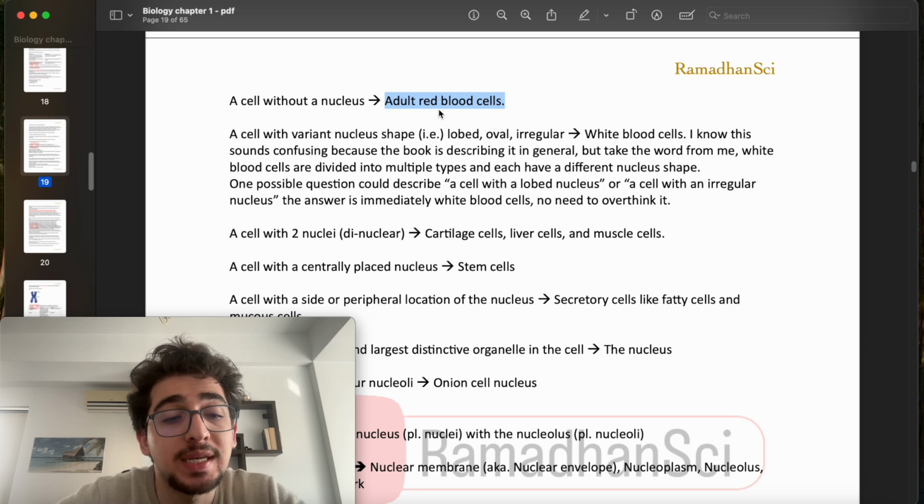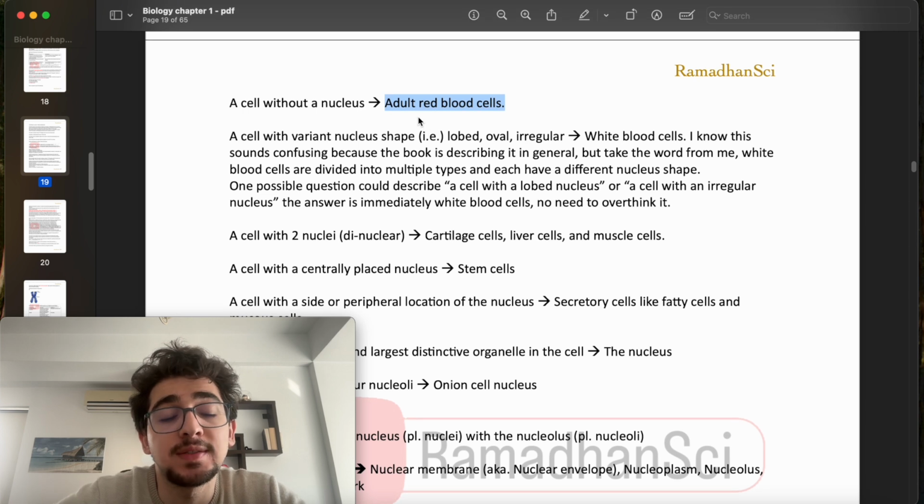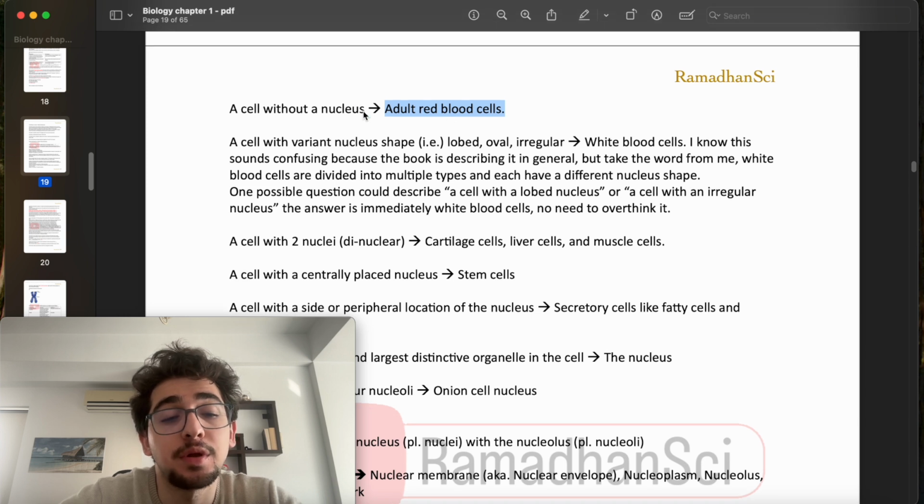It's only 120 days. So if they tell you to justify or explain why the red blood cells have a very short life duration, it's because they lose their nucleus as they become adult. And the nucleus is the organelle that is responsible for keeping the cell alive.